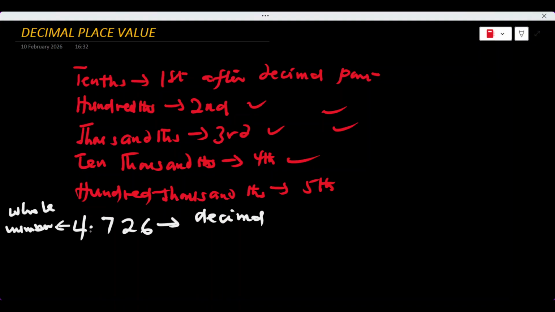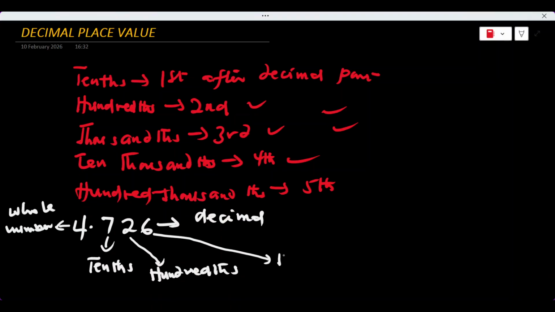Immediately after the decimal point, the first digit is the tenths, the second digit is the hundredths, and the third digit is the thousandths.